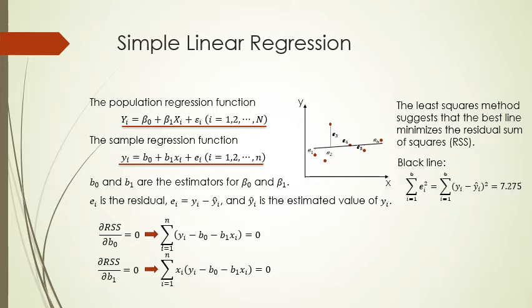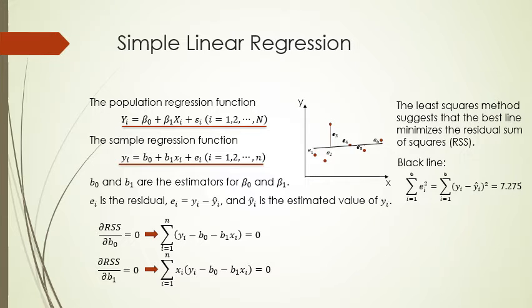At the minimum, the derivatives of RSS with respect to B0 and B1 are equal to 0. Thus, we may analytically derive B0 and B1 from these two equations.